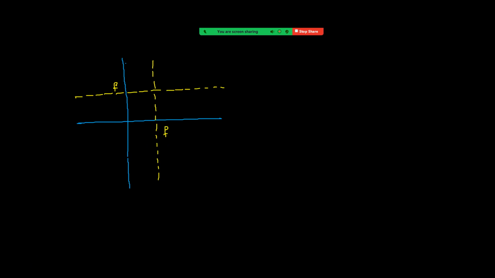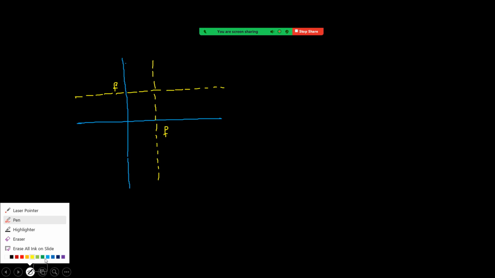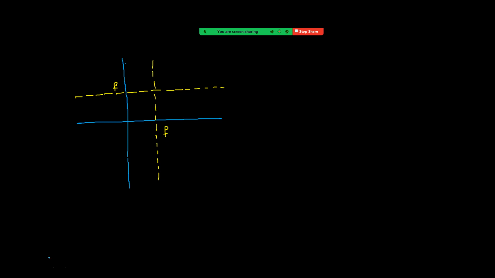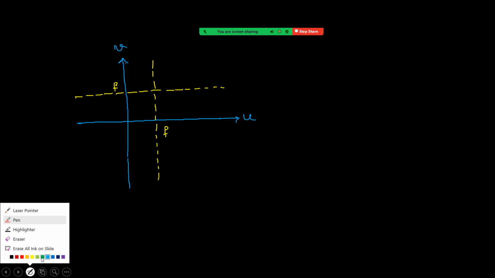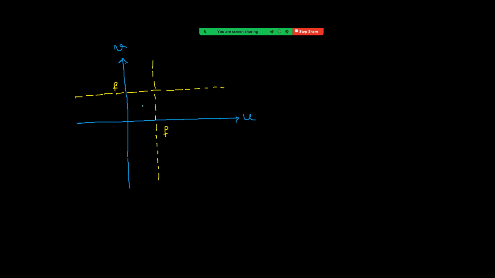Now see the graph. V, and this is U. So the graph is now approximately like this.